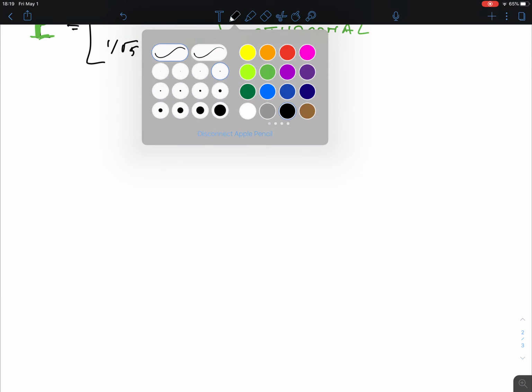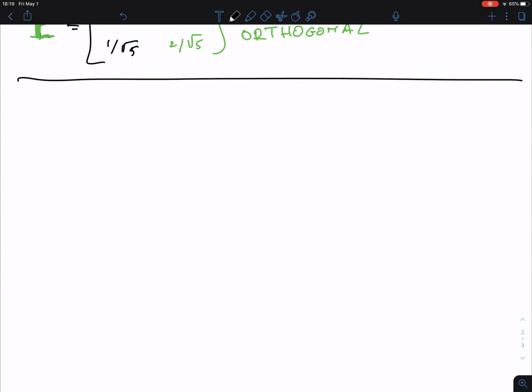Okay, let's do this one. I'm just picking a matrix here. If it doesn't work, then I'll change it. Let's do 1, 2, 2, 4. Okay, it's a symmetric matrix, so this is of course important, right? Otherwise, it won't work.